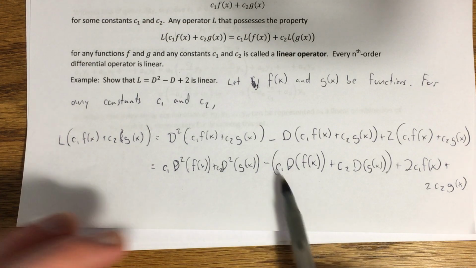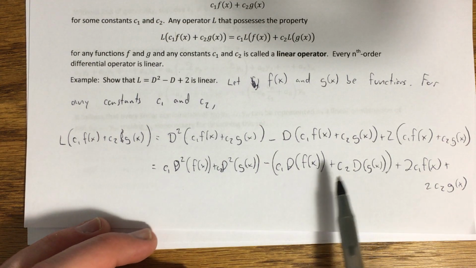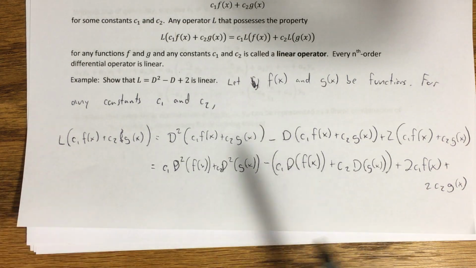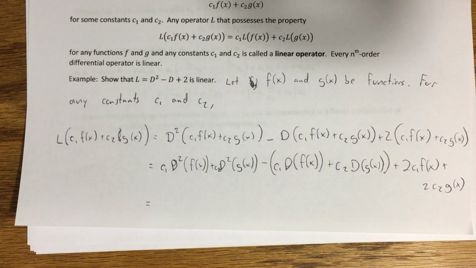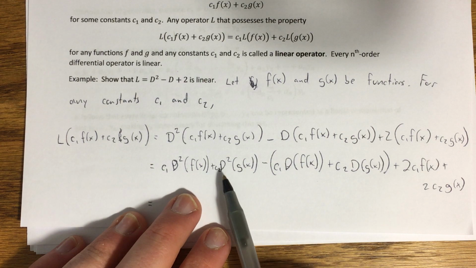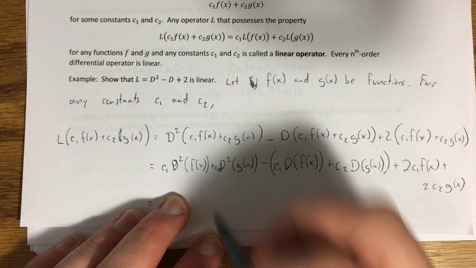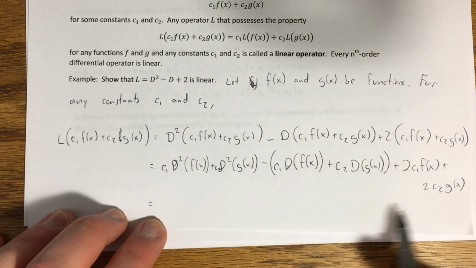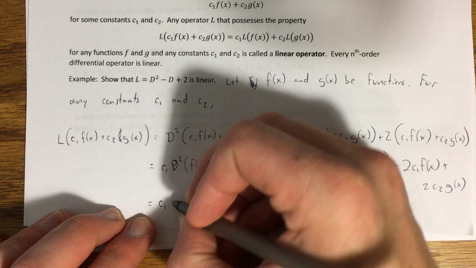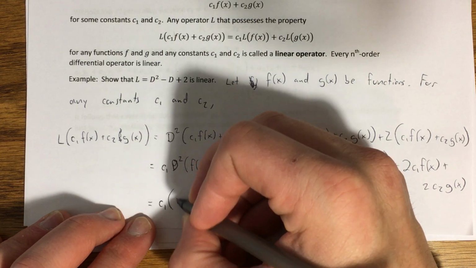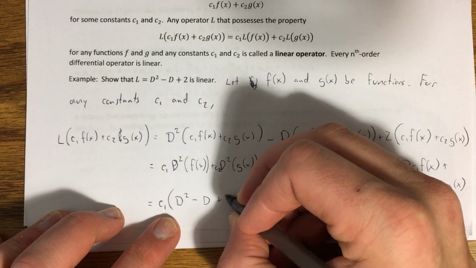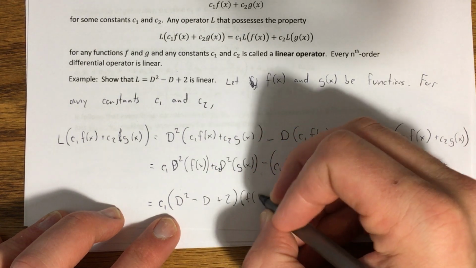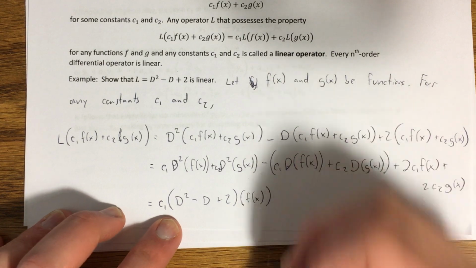But basically, if I were to distribute this minus sign in, and then collect a bunch of terms and simplify things down a bit, let's collect all of my f of x's first. So this would be equal to c1 times d squared minus d plus 2 of f of x.